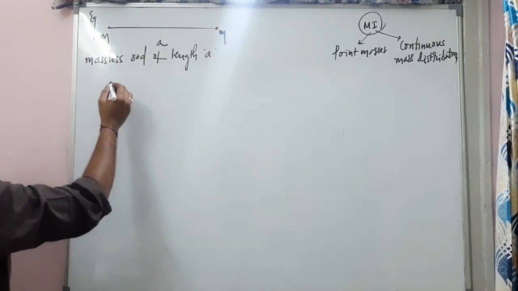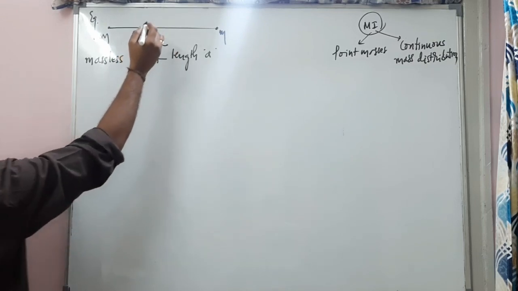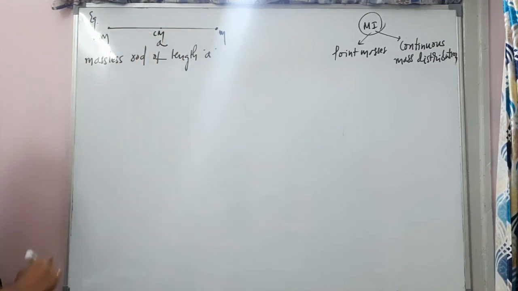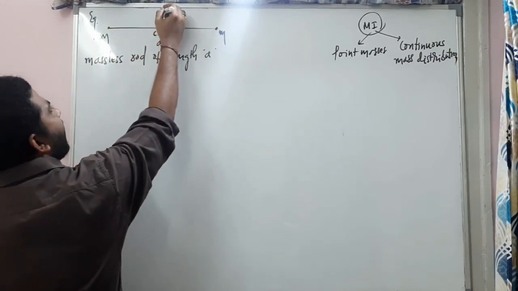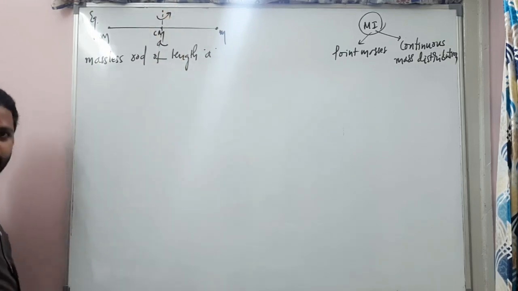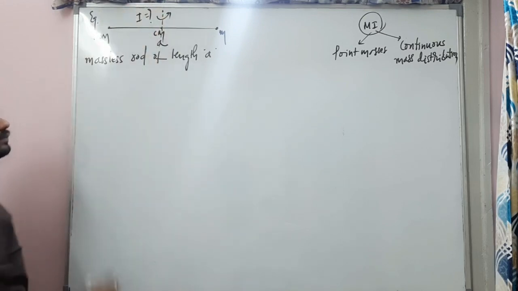Now the moment of inertia, look at here. This is the center of mass between these two masses. Now the axis of rotation they have considered is this one. Look at this. What is this moment of inertia? That's a question.